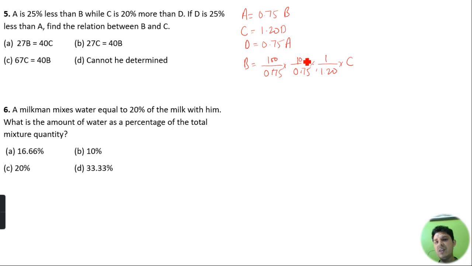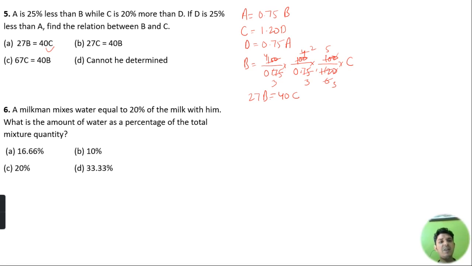We can cancel out the decimals. 27B is equal to 40C. Students, the answer is 27B is equal to 40C. That means option number 5 should be the right option.